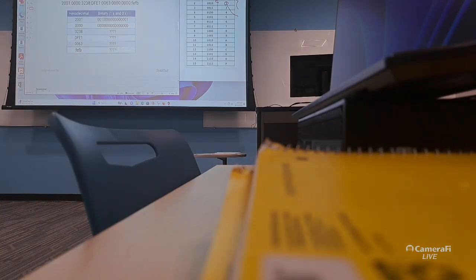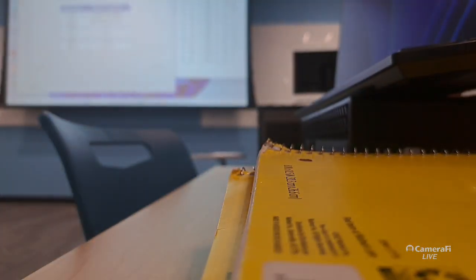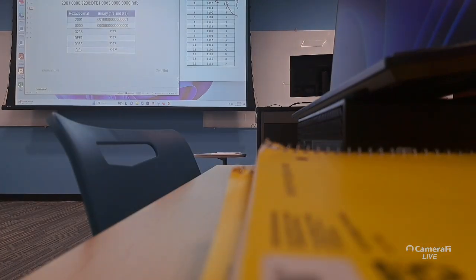So basically what I did first was I took a picture of this one and that one. Whatever it is, it should be 0010, 0010, 0011, 1100.